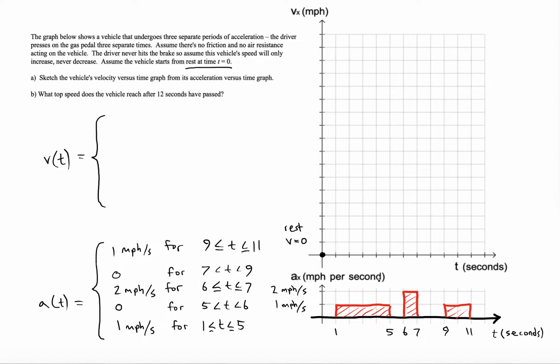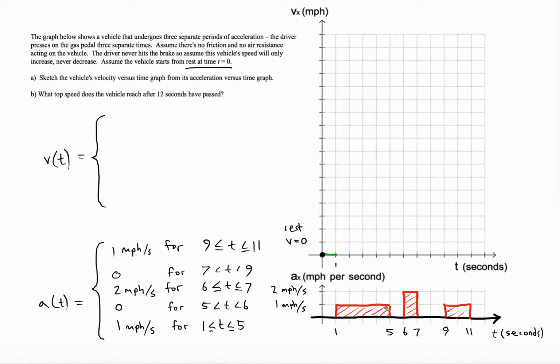Start from rest at t equals 0. So what do you think? In that first second, is our velocity going to change, or is it going to stay at rest? I mean, the car's just in park or whatever. They haven't hit the accelerator yet. So we'll just let it be 0 for a while.